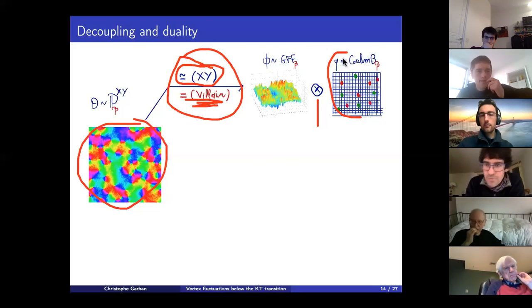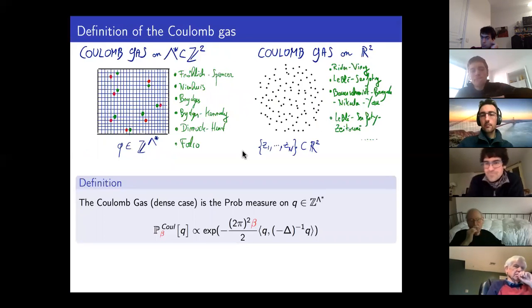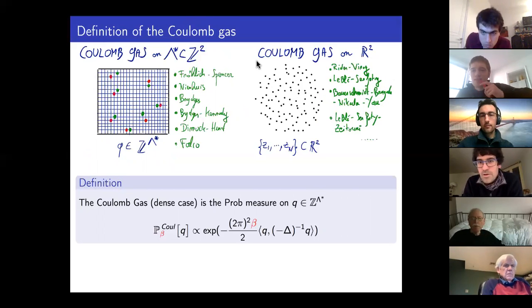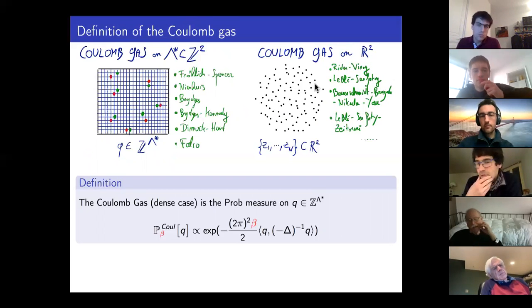Okay, so let me first define what this Coulomb gas is, and this will be the first result in this talk. So the Coulomb gas, in the continuous setting, would be a very natural model in the setting of random matrices, for example.